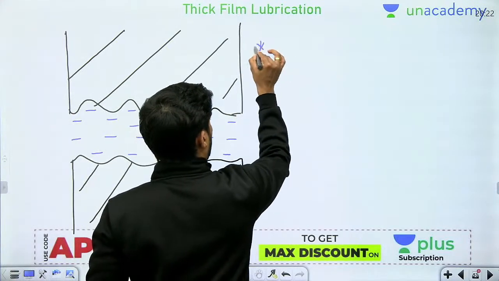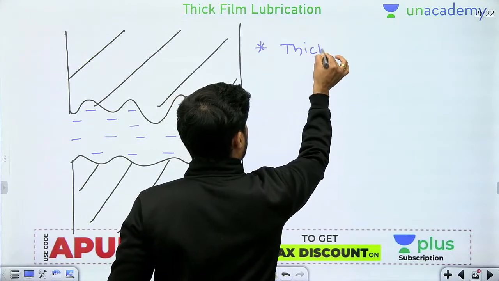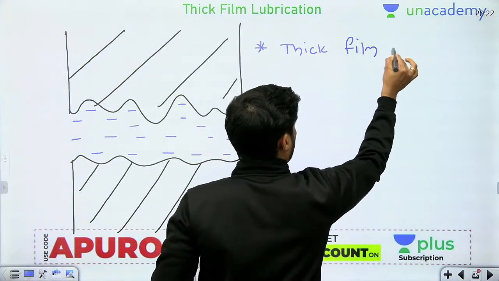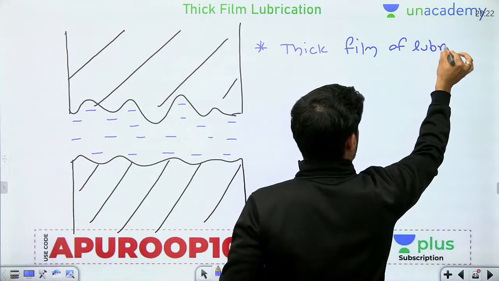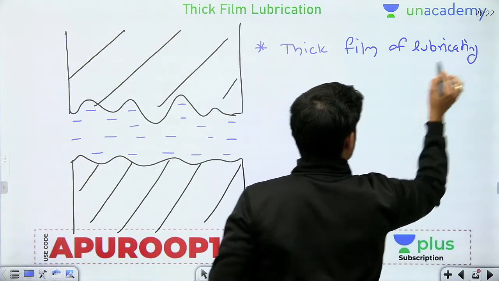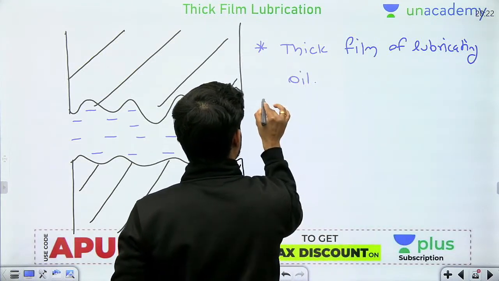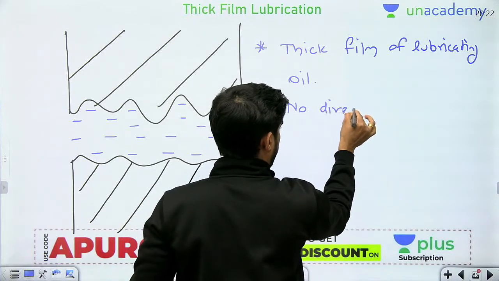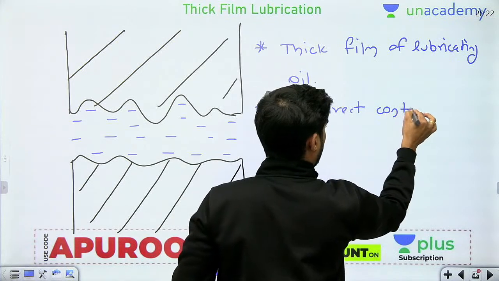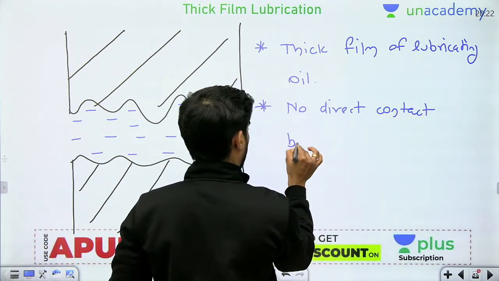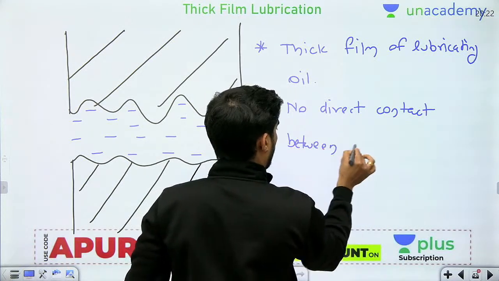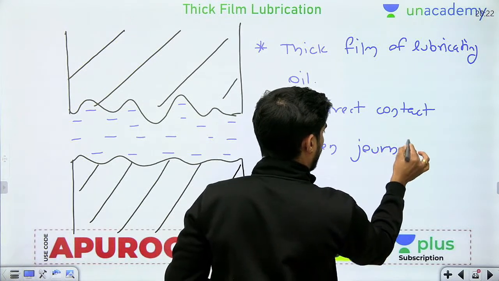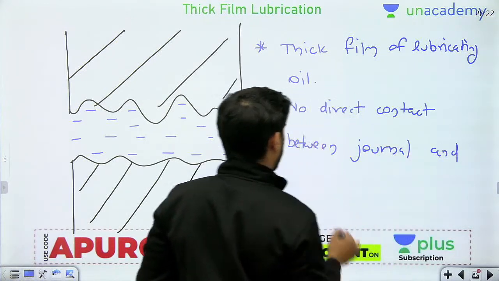A thick film of lubricating oil, no direct contact between journal and bearing.